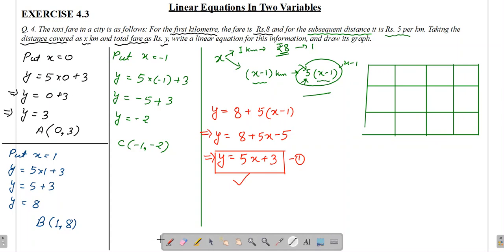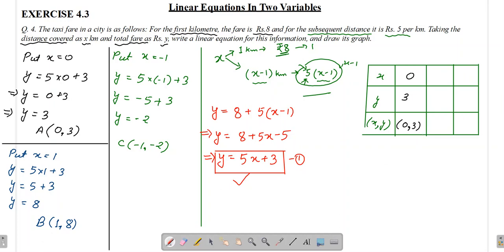This is what it is. So we have x, y, and the ordered pair x comma y. In the first case we have substituted x as 0, we have got y as 3, so the ordered pair was 0 comma 3.